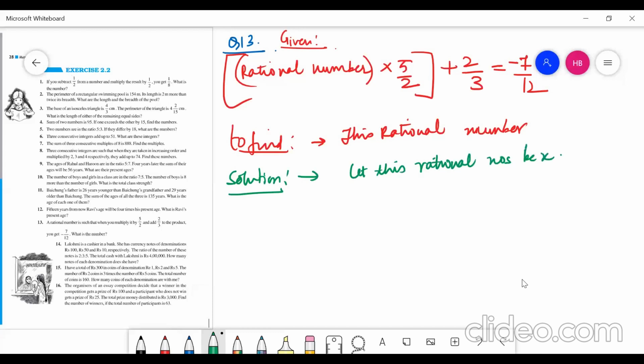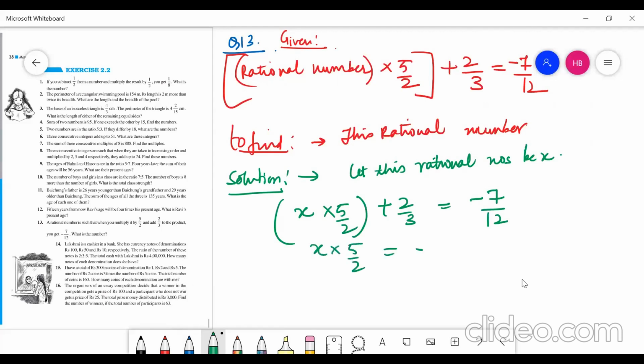If I let it be x, then my equation will be x into 5 by 2 plus 2 by 3 is equal to minus 7 by 12. The first thing I do is take all the constants to one side of the equation. So it will be x into 5 by 2 equals minus 7 by 12 minus 2 by 3, because it's an addition; if you take the 2 by 3 to the other side, it will be minus.